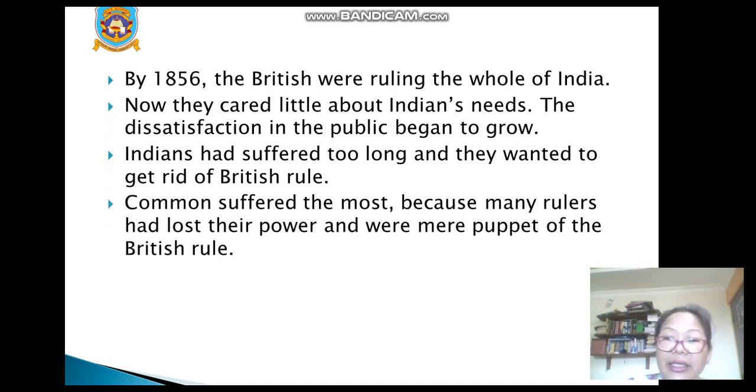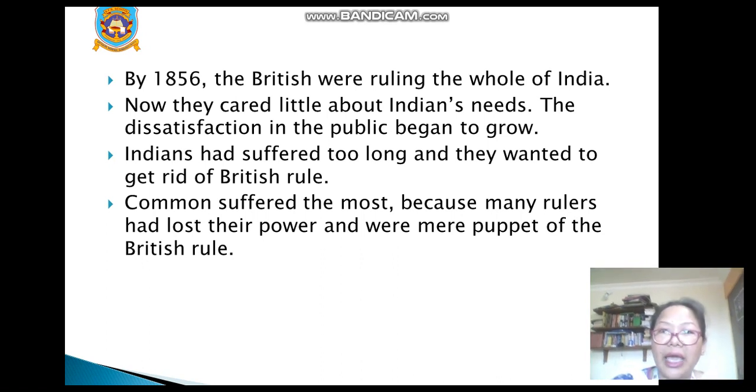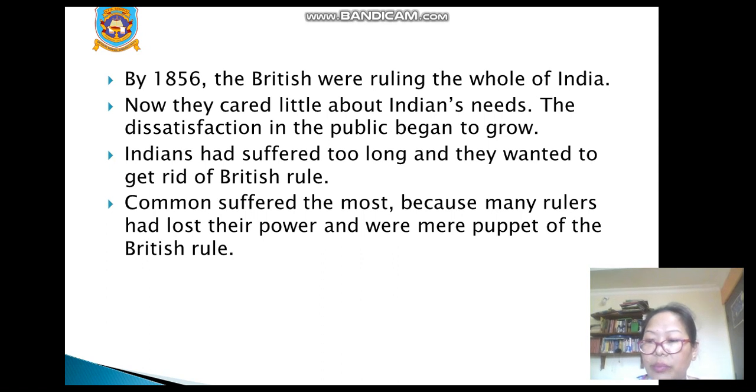They understood that many rulers had lost their powers. The Indian kings, the common man understood that their rulers had lost their power and were mere puppets of the British rule.